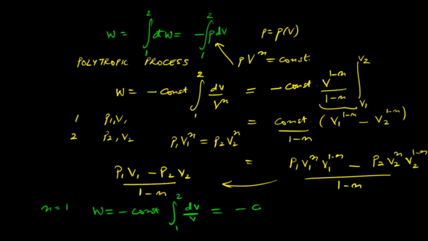So minus constant times log of V2 by V1, and this constant can be P1 V1 or P2 V2.